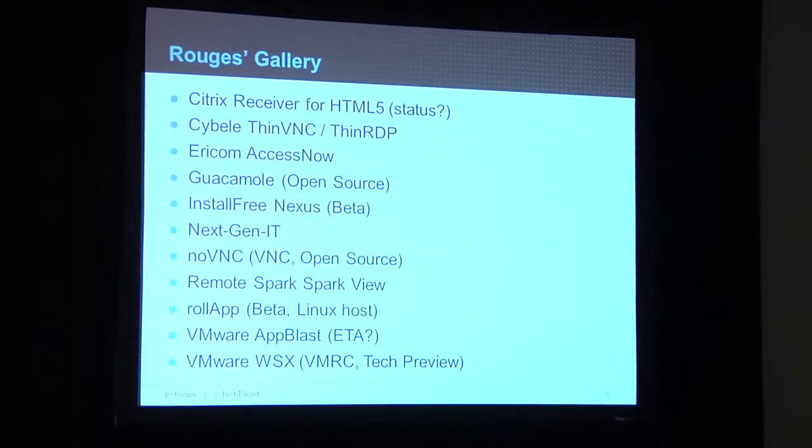A company called NextGenIt, which I've seen but don't know much about. Another open source project called NoVNC that kind of competes with Guacamole, but it's only about VNC. Another company that does RDP-based remote access called Remote SparkView, and Rollup, which I mentioned before, which are also beta and only access Linux-based systems running in the cloud.